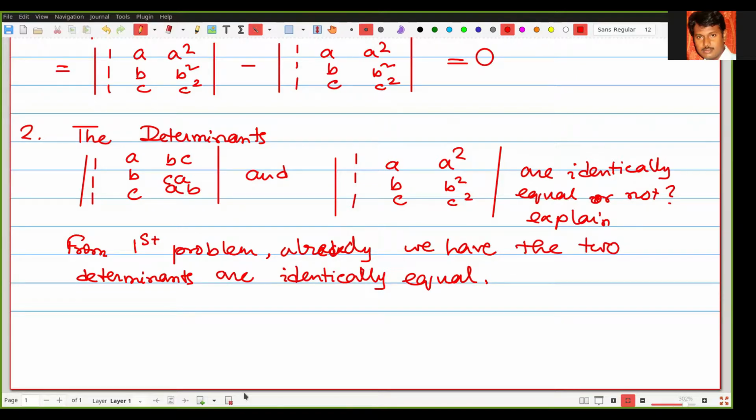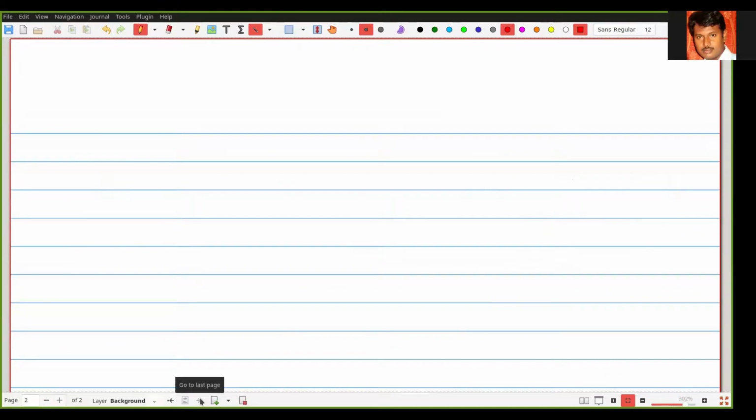Now the third problem. We have to evaluate another determinant. The question is evaluate the determinant: 1 square, 2 square, 3 square, 4 square.